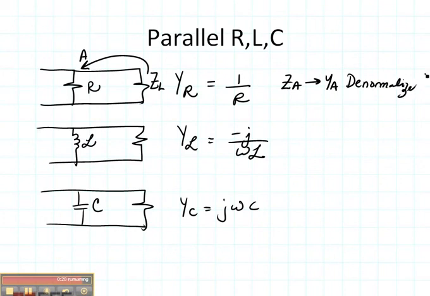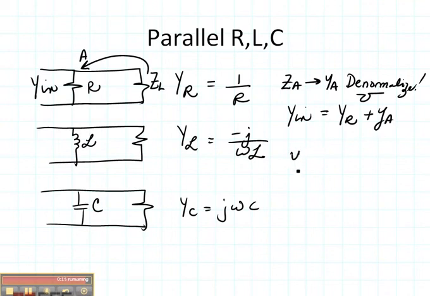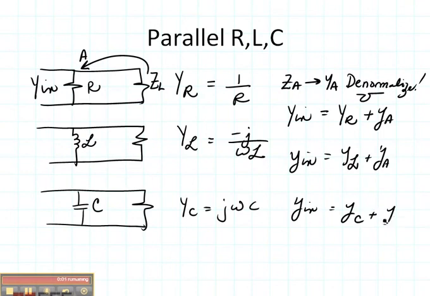Don't forget that denormalization step, so that I'm now in mhos, and I can say that the input right here is equal to YR in mhos plus YA in mhos. Similarly, Yin is going to be YL plus YA, and Yin is going to be YC plus YA.